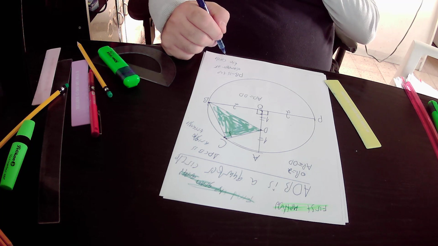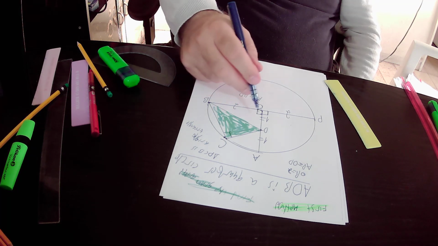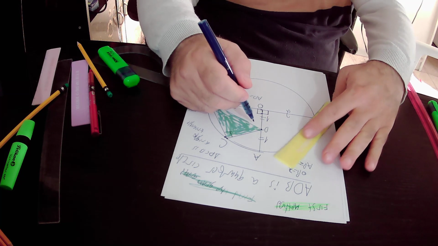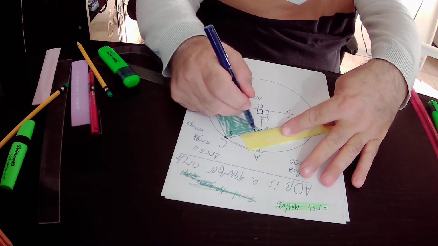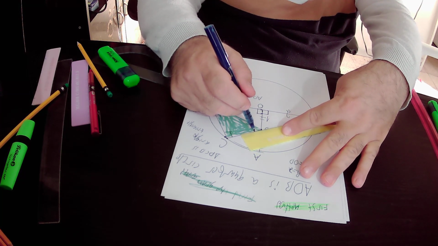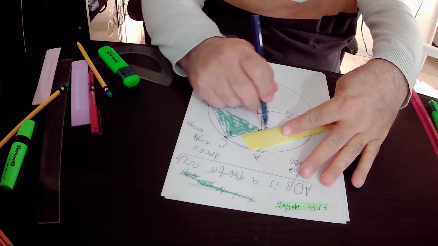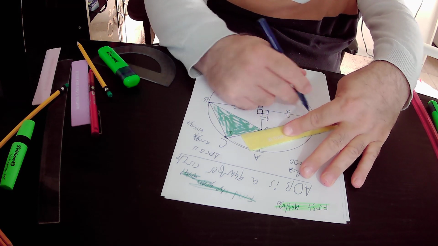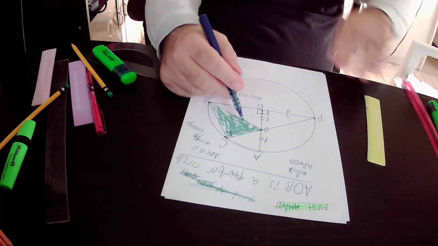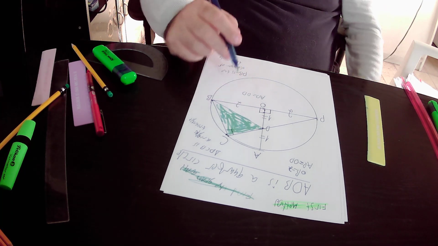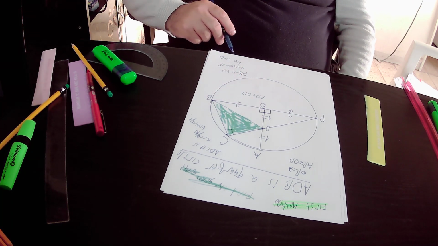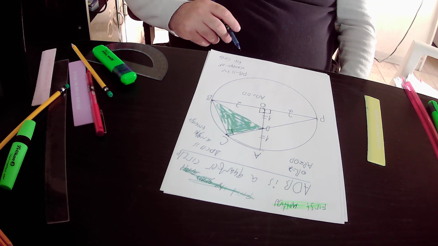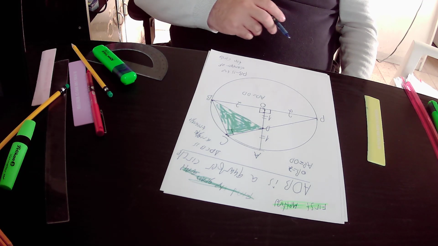In the next step, we'll extend side CD until it touches the circle. Repeat again, we'll extend side CD until it touches the circle. Suppose that we don't know where the touching point is.